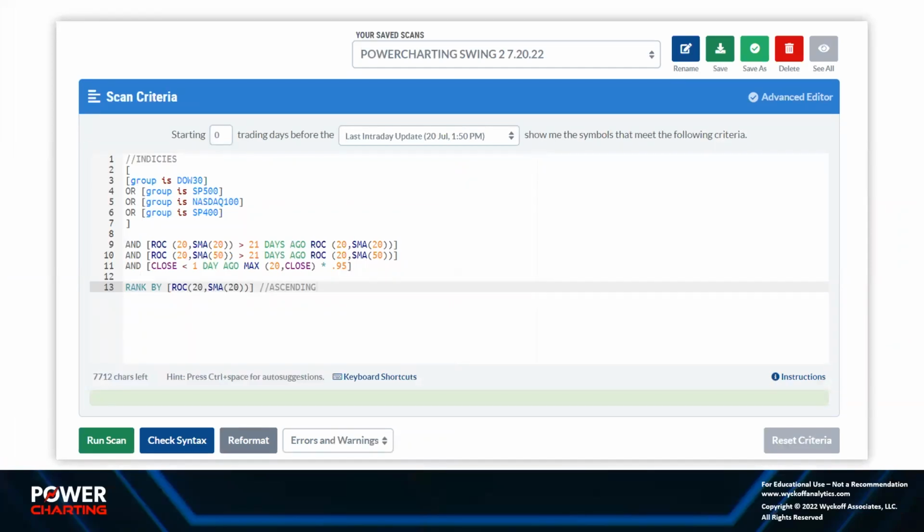It's so interesting. So this scan uses moving averages as the principal vehicle for finding opportunity, and we're going to use the rate of change. So on the first line, we're looking for the rate of change for the 20-period moving average, 20 periods of the 20-period moving average, roughly a month of trading.